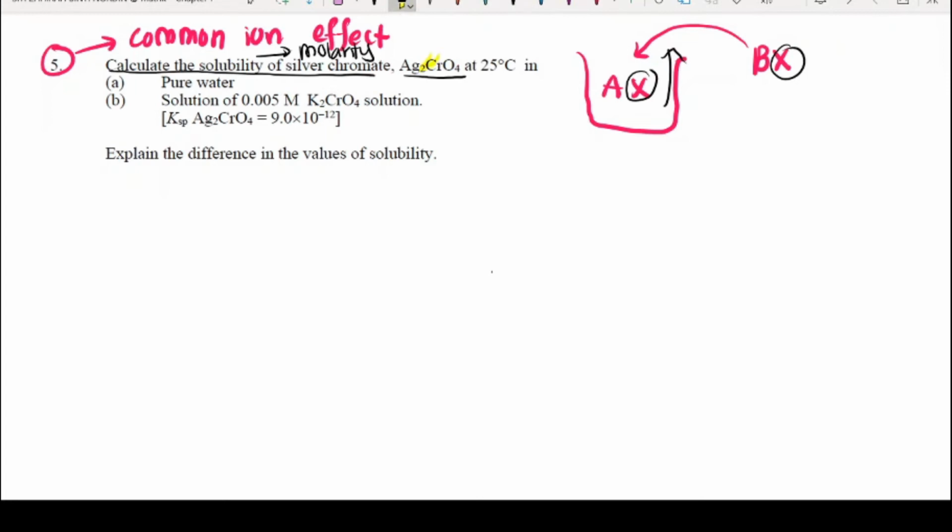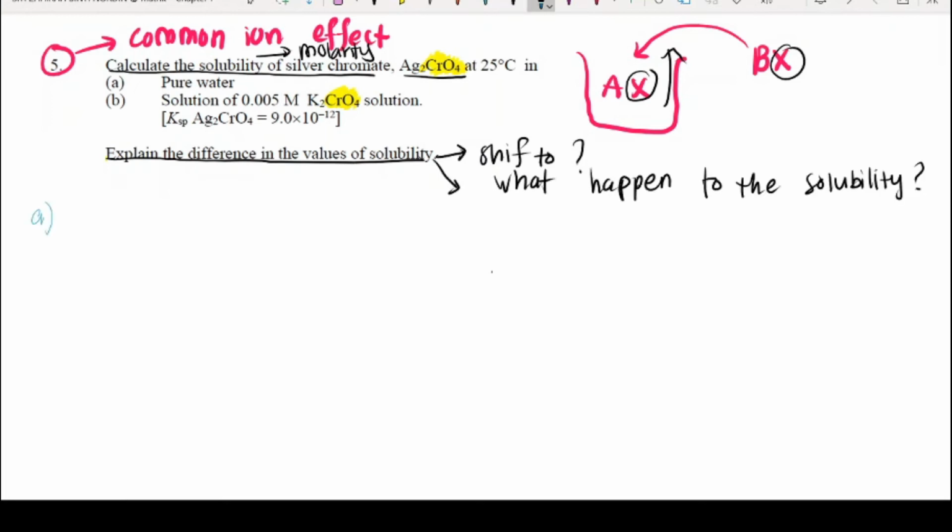So we know that our CrO4 2- will become our common ion for question 5B. And then lastly is to explain the difference in solubility values. For this, you must explain whether it shifts to the left or the right and what happened to the solubility.